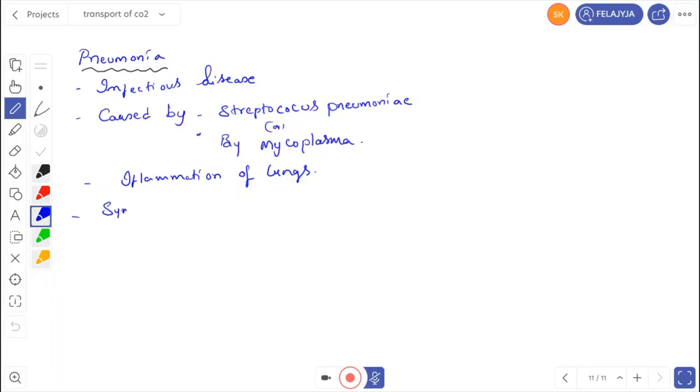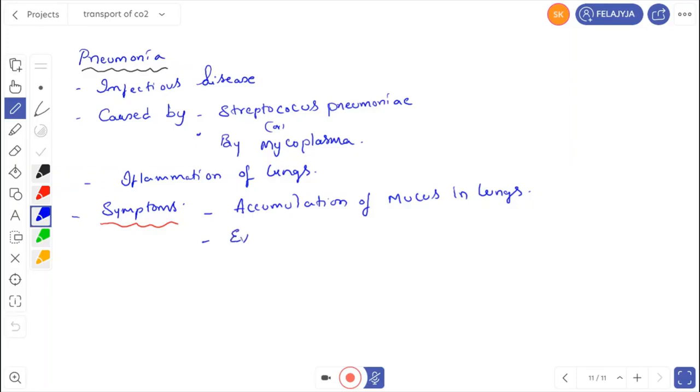Now let us go for the symptoms. What are the symptoms? Accumulation of mucus in the lungs. That means the alveoli are completely filled up with mucus or fluids.